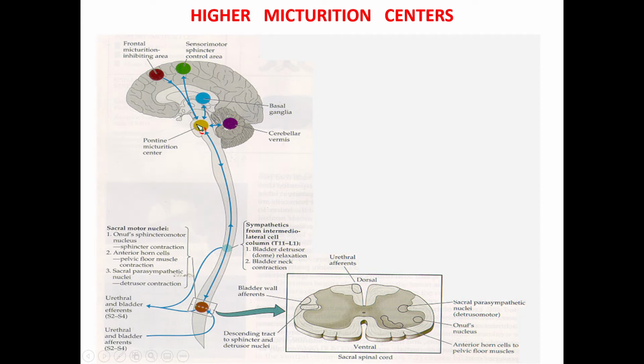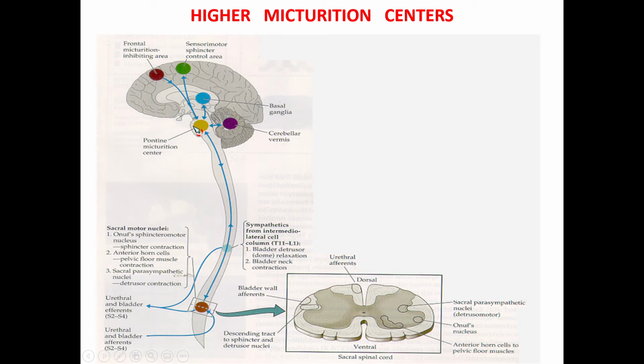A few words about this pontine micturition center. As the name indicates, its location and its function: pontine means present in the pons, and micturition means it causes micturition. So whenever the pontine micturition center is stimulated, micturition will start. Normally, the higher center, the frontal micturition area, keeps this area inhibited.